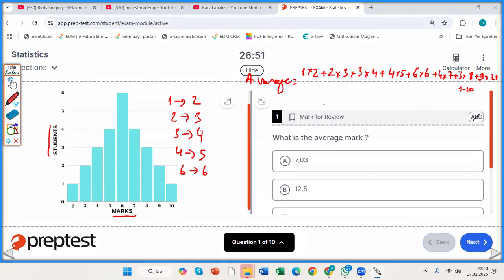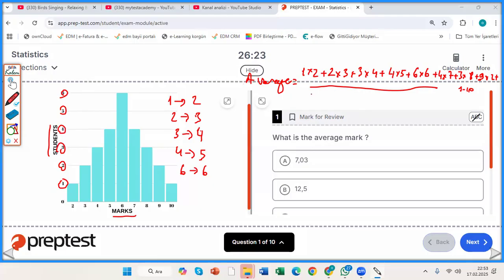But I'm going to show you another easier way just after showing that way. Also you are going to divide this value by the total number of the students. The number of the students in total: 1, 2, 3, 4, 5, 6.